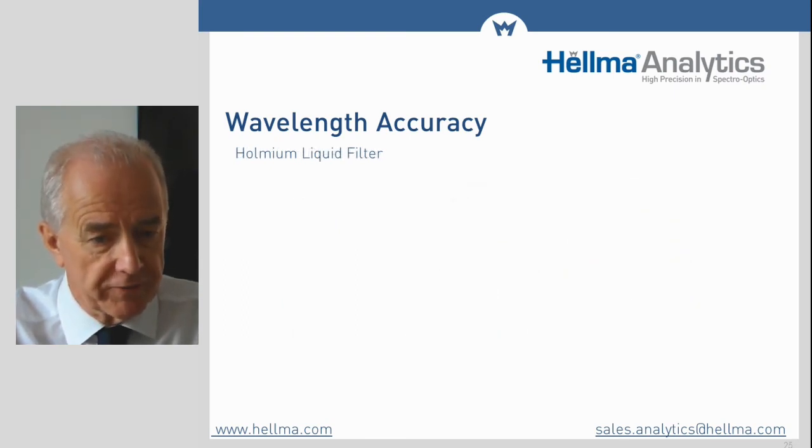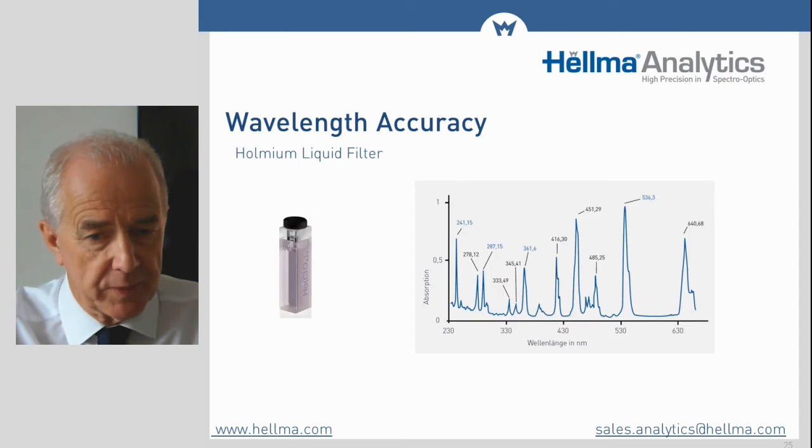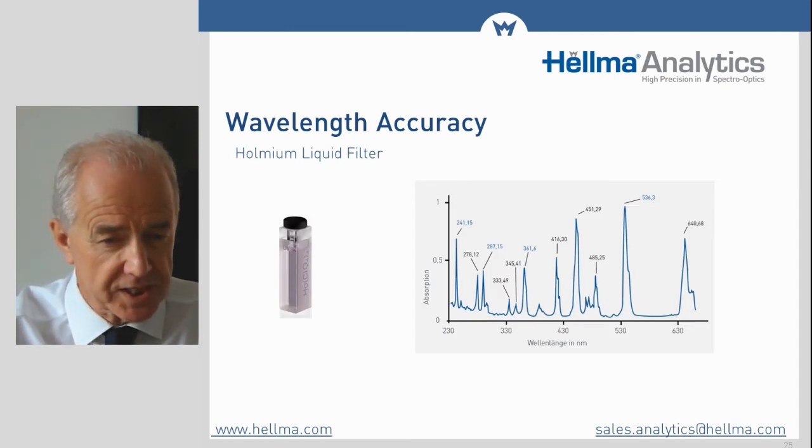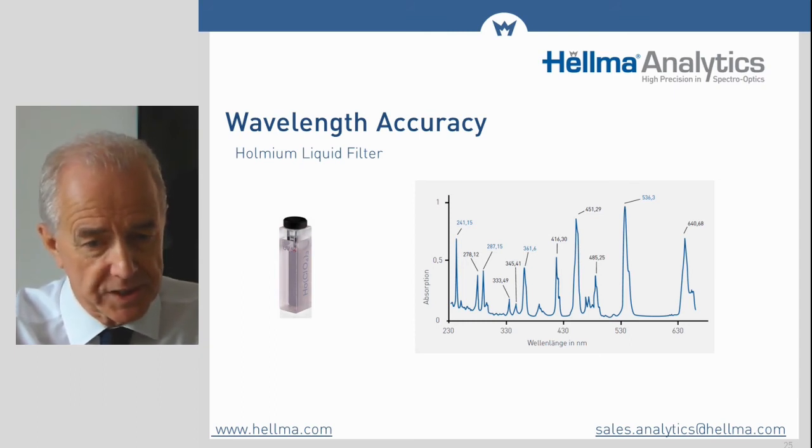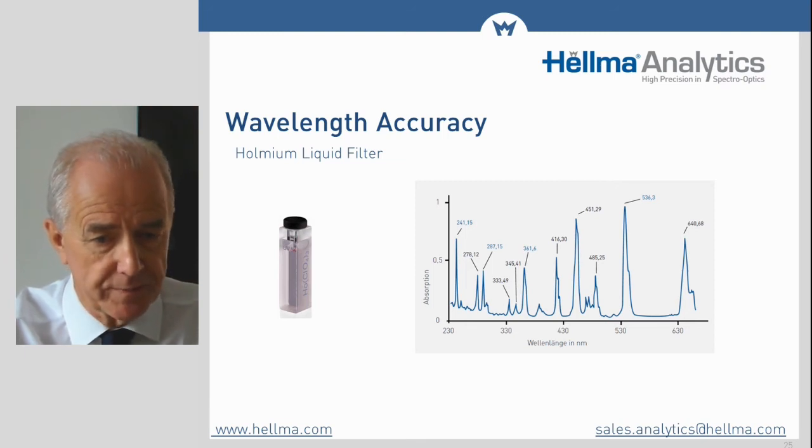The holmium liquid filter has wavelength peaks at 241, 287, 361, 536 and 640 nanometers as standard, going a little lower into the UV spectrum, and has several more optional peaks depending on your requirements.